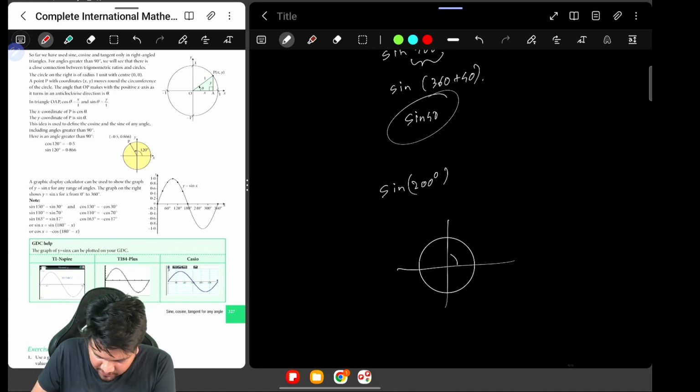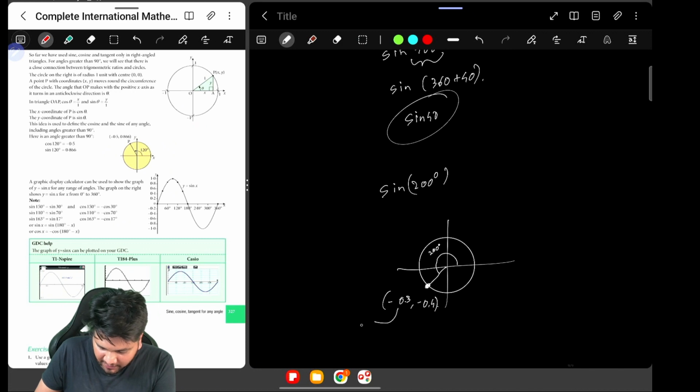Then I'll just measure where 200 degree is coming. So it is here, correct? So this is your 200 degree, right? Whatever the coordinates are, let's say the coordinates are 0.3 comma 0.4. No, one second, this is going to be minus 0.3 and minus 0.4 to be precise. So this is nothing but my cos theta, cos 200, and this is nothing but my sine 200. Did you get it, everyone?